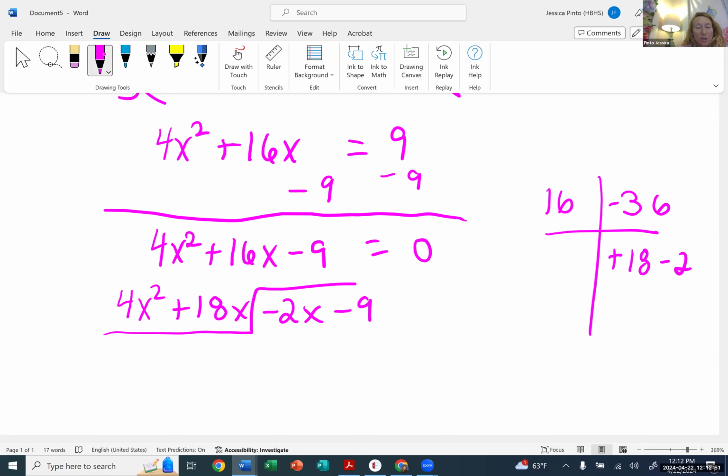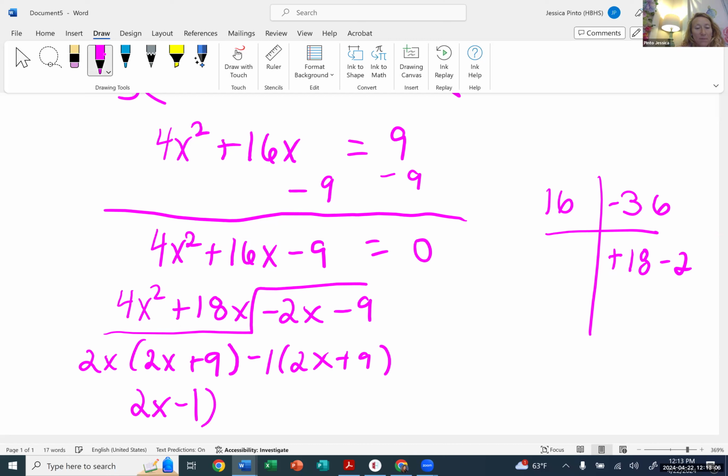Taking out from the first half the 2x, we leave 2x plus 9. Taking out from the back a negative 1, 2x plus 9. The binomials match: 2x minus 1, oops, I forgot the 2, 2x plus 9 is equal to 0.